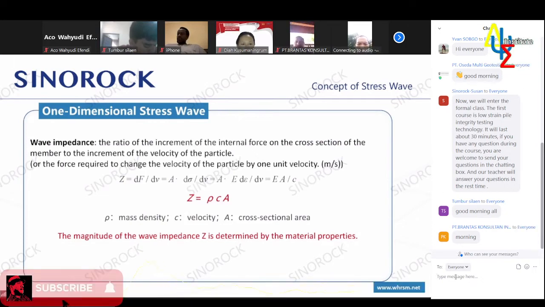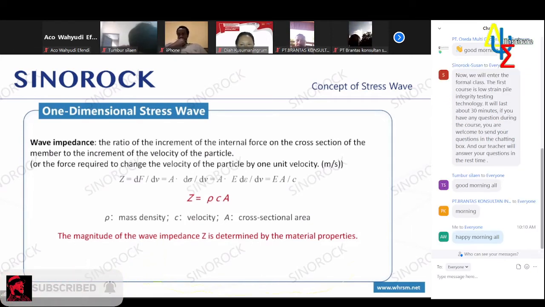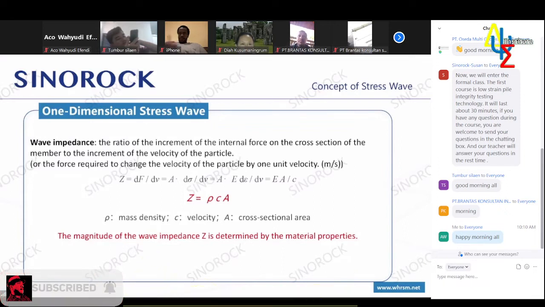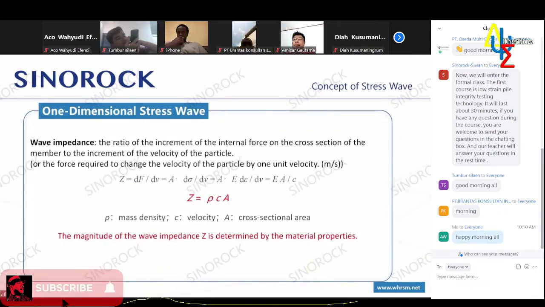Then, according to the above definition, let's look at the following formula. The change of force can be converted into the cross-section multiplied by stress, which is a relationship between elastic modulus and strain. So the classical formula of wave impedance is finally derived: Z = ρCA. ρ is the mass density.